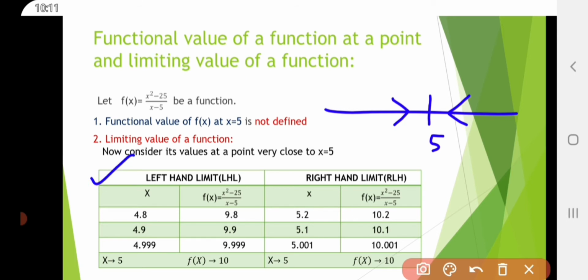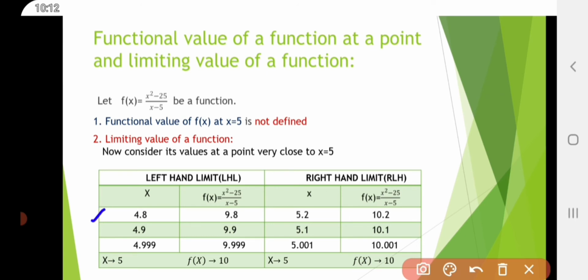Here you see x values very close to 5 from the left hand side. Here you see x values very close to 5 from the right hand side.